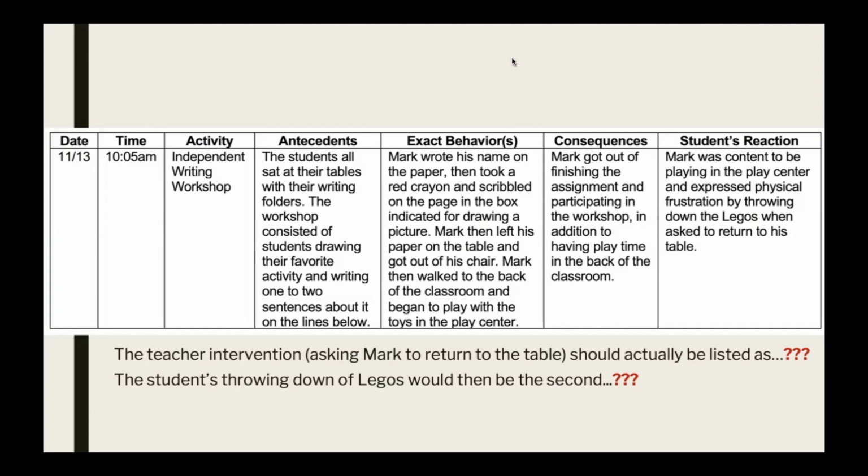And so the consequence was that he was able to escape the work that other students were doing and have some playtime. And eventually the teacher did intervene and asked him to return to his desk, but he threw some Legos. So with this one here, it's not one individual behavior, but it's an ABC for an incident where a few things happened before consequences came and the student responded to those consequences.